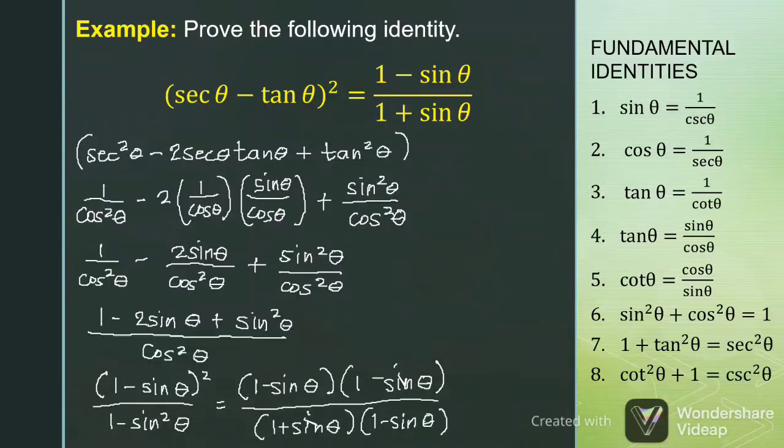Sum and difference. Okay, we can now cancel 1 minus sine theta and another 1 minus sine theta. And this is equal to 1 minus sine theta all over 1 plus sine theta. So, we prove that the given equation is an identity.